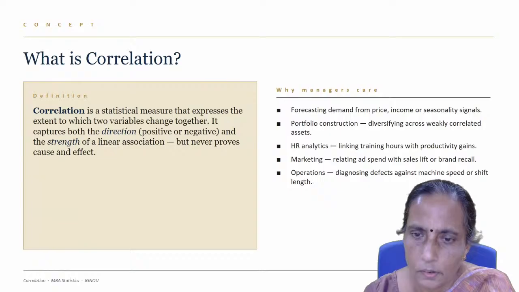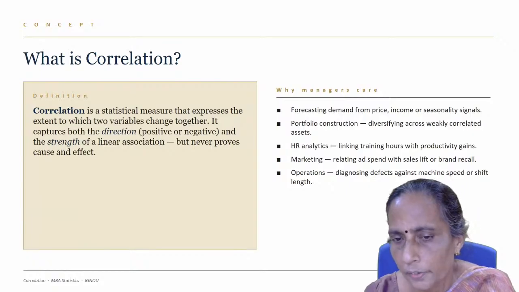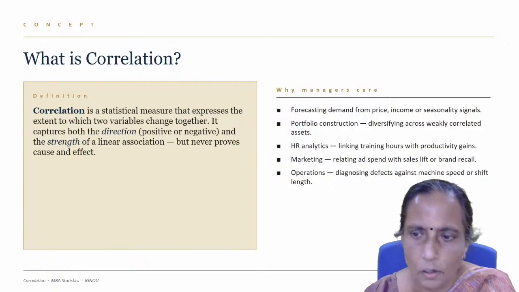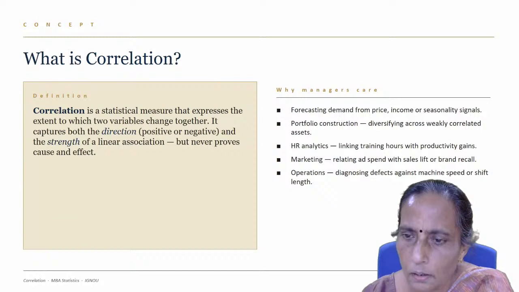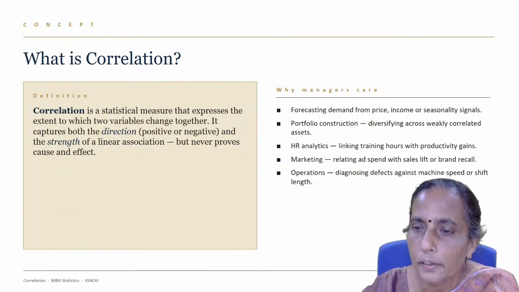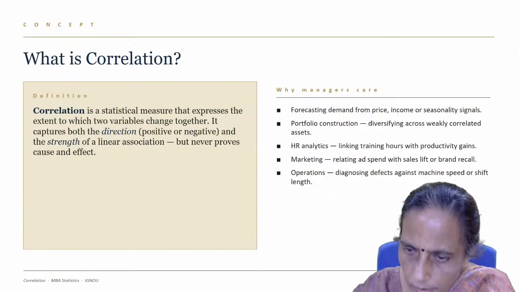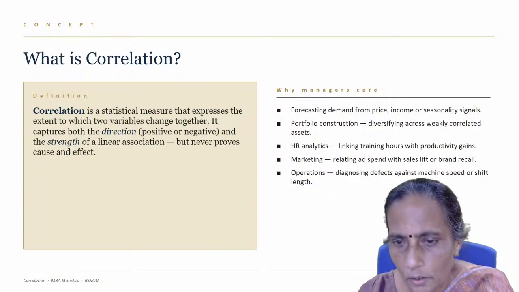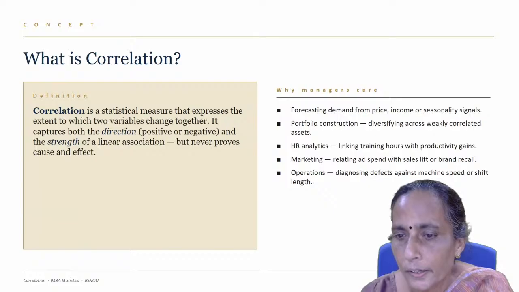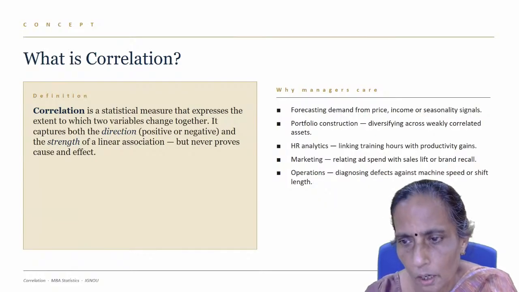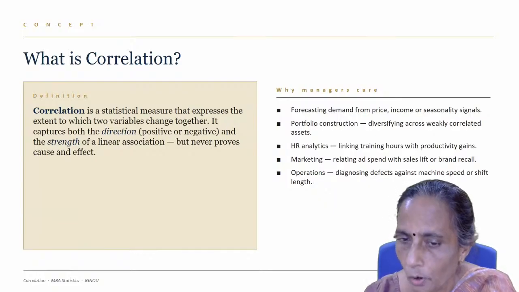In HR analytics, it means linking training hours with productivity gains, that is, whether the number of training hours increases the productivity of the employee, and so on. And in marketing, relating ad spend with sales lift or brand recall.